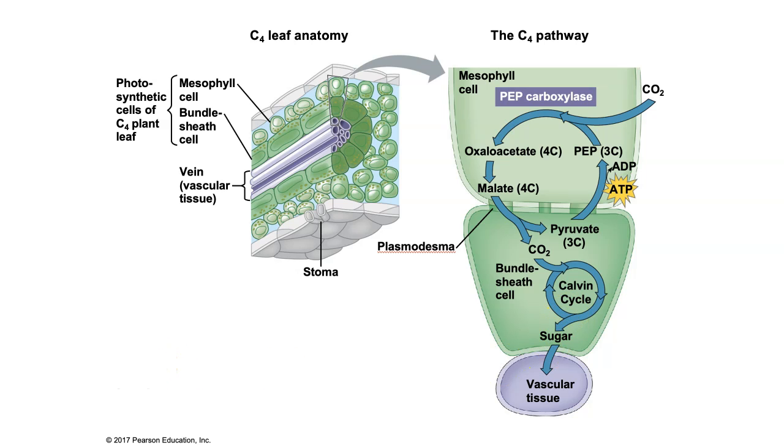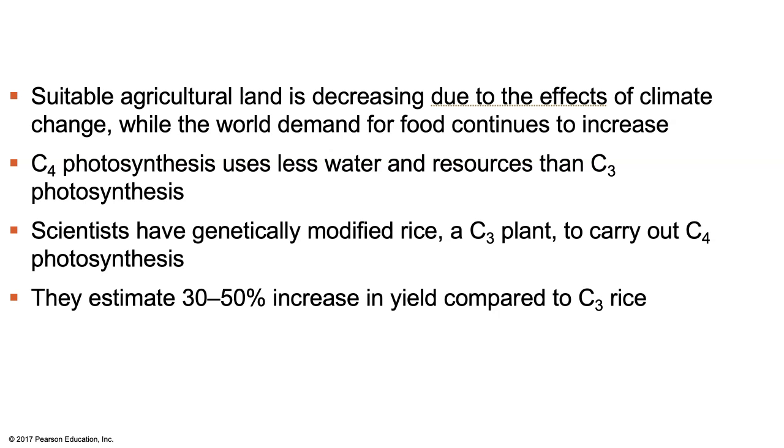These C4 pathways are special because they're able to minimize the cost of photorespiration by incorporating this carbon dioxide into a 4-carbon compound. C4 photosynthesis actually uses less water and resources than the C3 photosynthesis plants do. Scientists have actually been able to modify some rice, right?